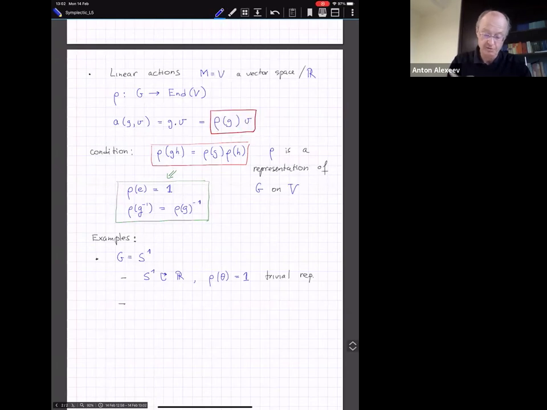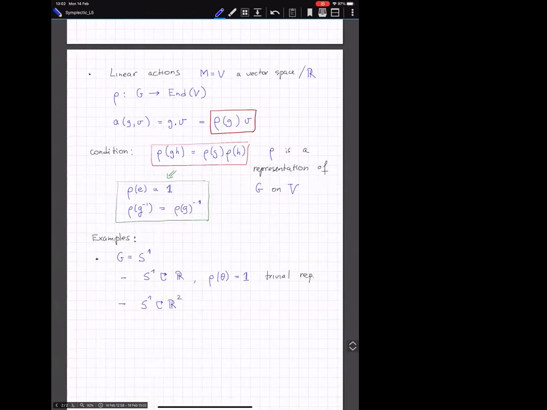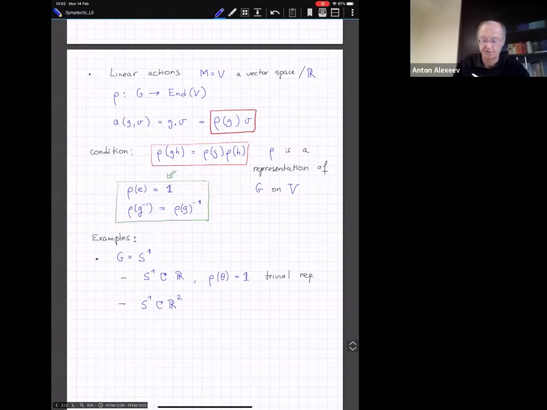Now, I'll describe a one parameter family of representations of S1 acting on R2, so two-dimensional representations. Here, it will be sort of convenient for writing formulas to identify R2 with C. So I'm still considering it as a representation on R2, but it might be convenient to use complex coordinates.